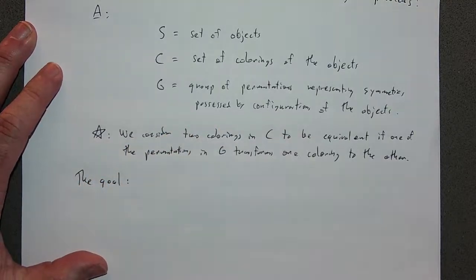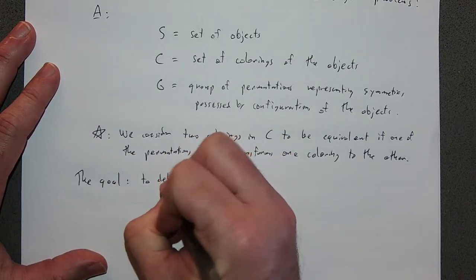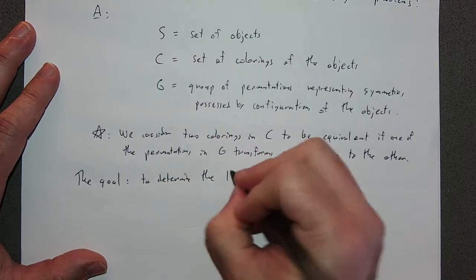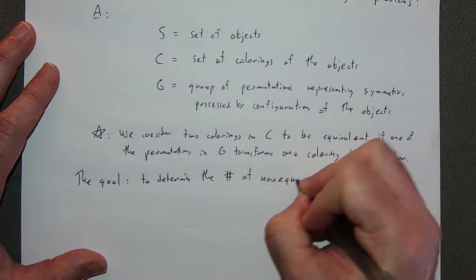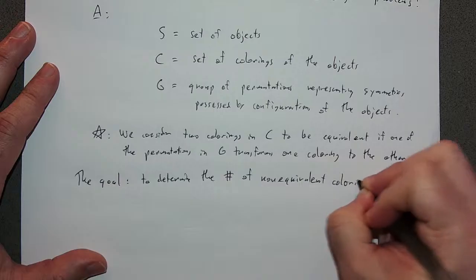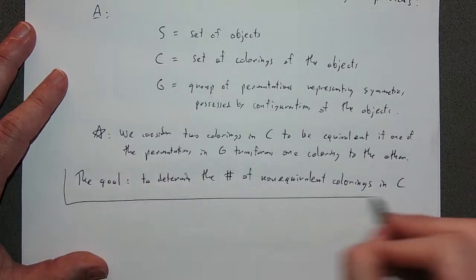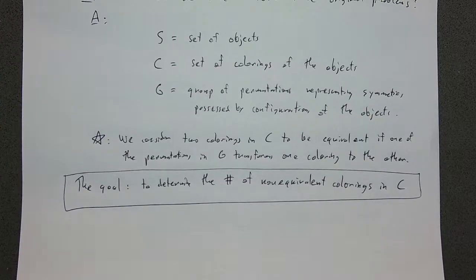What is the goal here? I want to determine the number of non-equivalent colorings in C. So this really gives me the number of different colorings of the objects in this sense.